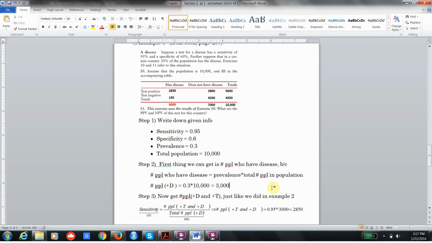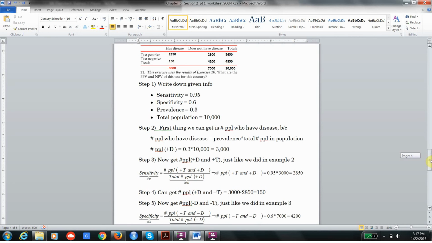Now I want the number of people that have the disease and test positive. Well, isn't that exactly like the problem that we did in example 2, where we knew the total number of people that had the disease, we knew the sensitivity, substituted those in, and got the number of people that tested positive and had the disease.